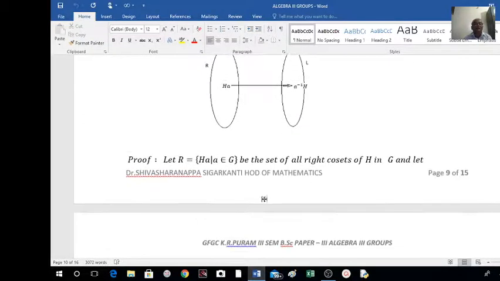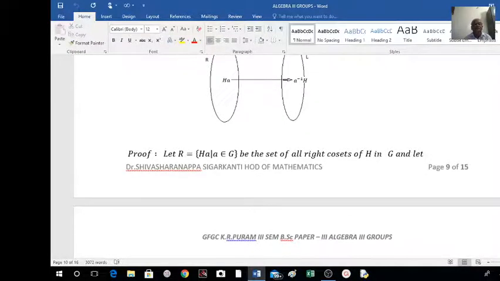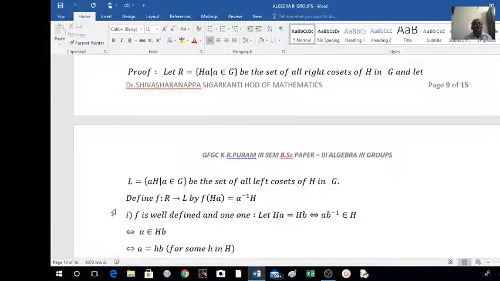Now let R equal to HA, where A belongs to G, be the set of all the right cosets of H in G, and L equal to AH, the set of all the left cosets. We define a function f from R to L by f of HA equal to A inverse H. This is the left coset and this is the right coset.